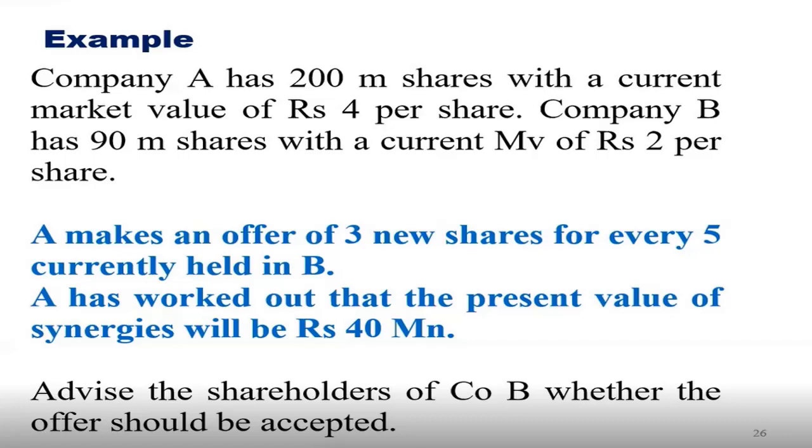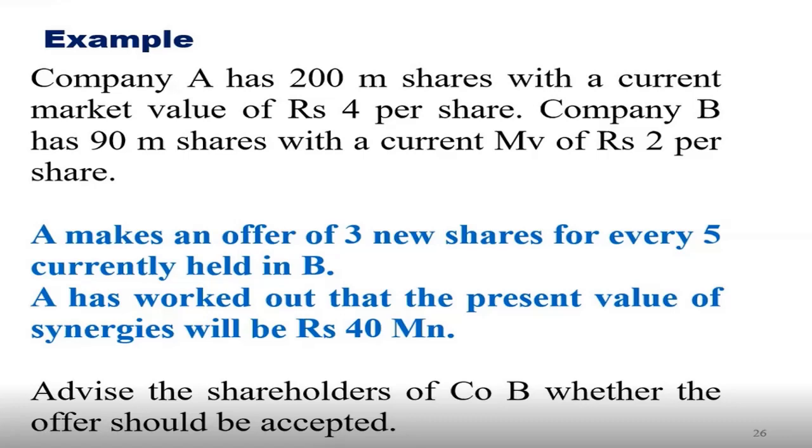Now, when you calculate 54 million, per share is 4 rupees. So 4 times 54 million, how much are we going to get? We are ready to issue 54 million shares at 4 rupees each, and that's 54 times 4, 216 million. Are we clear?